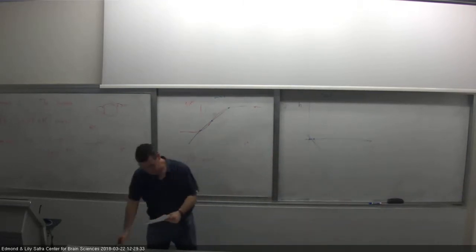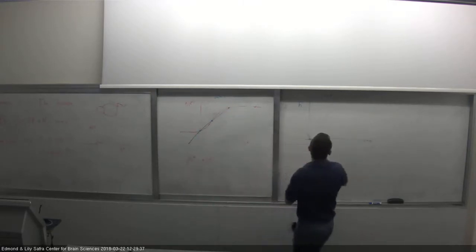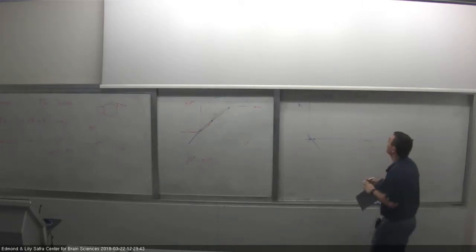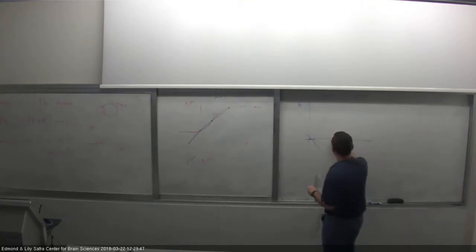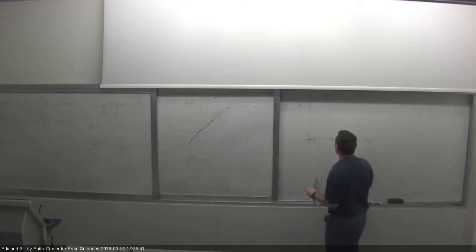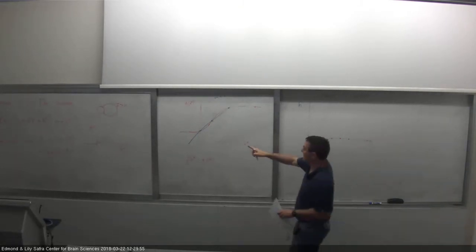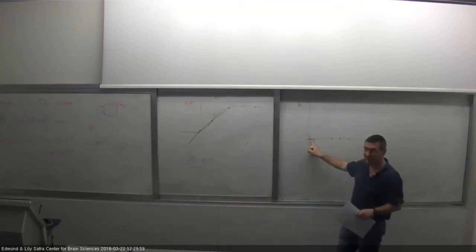What about the intermediate case? J that is not very large and not very small. So first we know that there will be 3 fixed points. For this fixed point, the situation is like this situation.